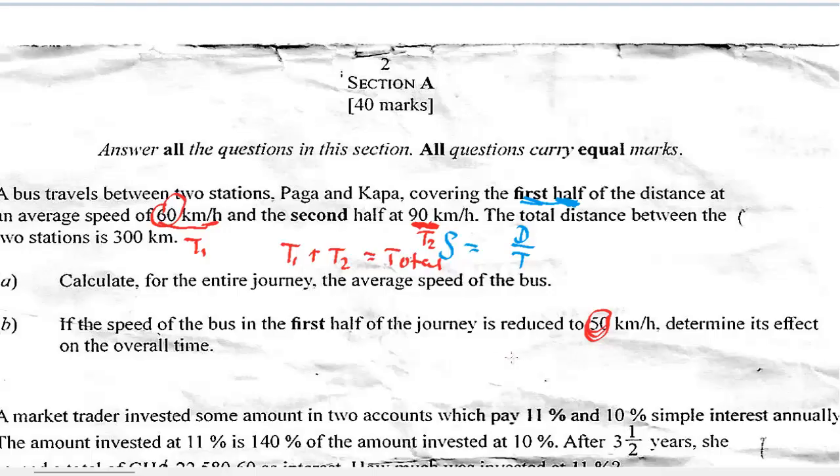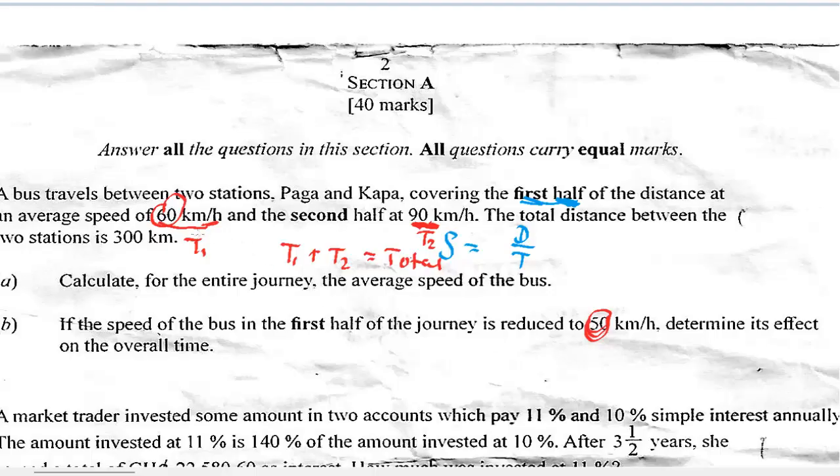It's telling you that you are now going to use more time to cover 150 kilometers because your speed has reduced. If your speed reduces, it means that you are going to take a longer time to cover a distance. But if you increase your speed, you're going to take less time to cover that same distance, right?